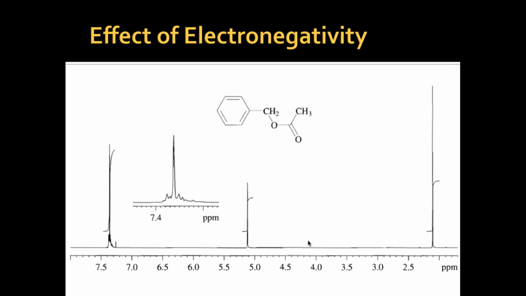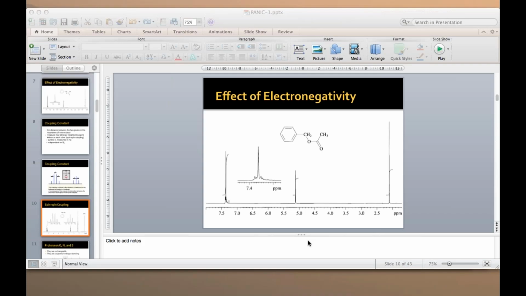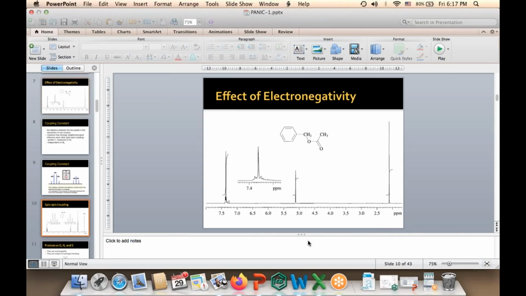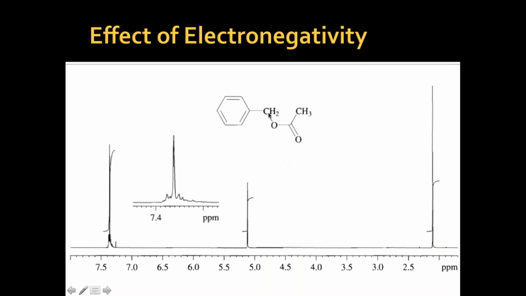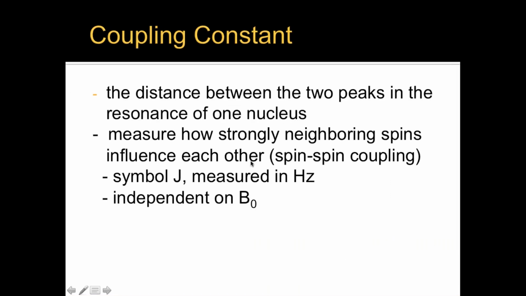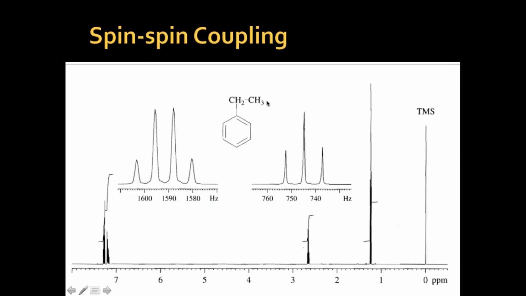Electronegativity consideration is important. Why is electronegativity consideration very important? Because here the CH2 was connected with the electron withdrawing group. There the CH2 is connected with the electron releasing group. Methyl is an electron releasing group.